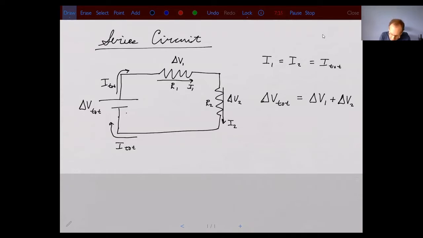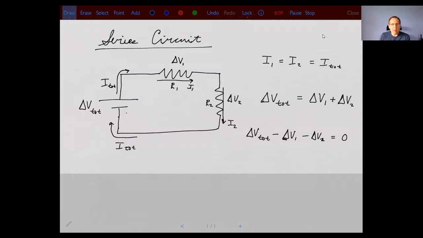So we have a voltage gain across the battery, then a drop across the first resistor, a drop across the second resistor, and that has to equal 0, right? The sum of the voltages has to equal 0. That's one of Kirchhoff's laws. And then if I move delta V1 and delta V2 to the other side, I have delta V total equals delta V1 plus delta V2.